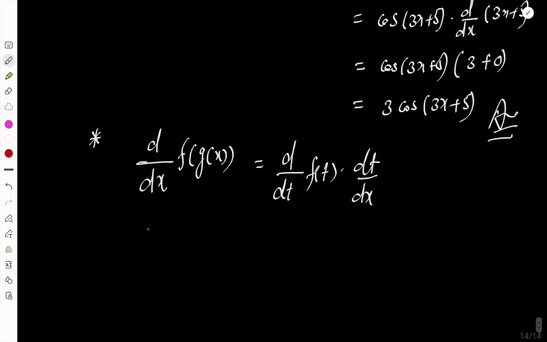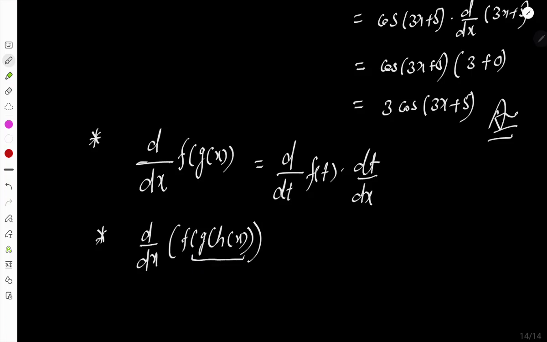If it is further written like d by dx of f of g of h of x, then what to do? In total, you will assume t. You will write first d by dt of f of t into d by dx of, at the place of t, g of h of x.